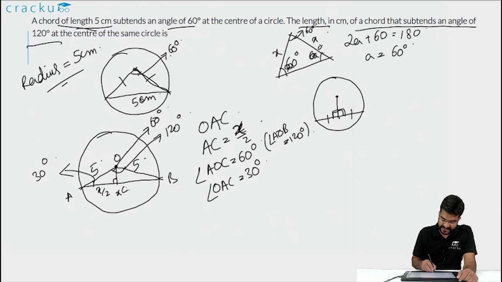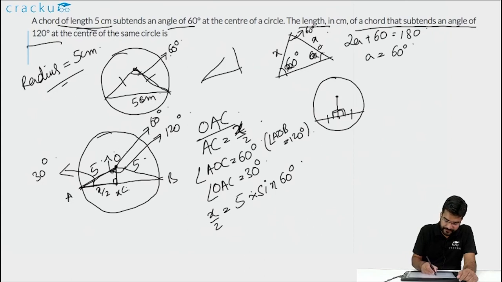For example, in this case, x by 2 is equal to 5, which is the hypotenuse, into sine 60 degrees. So if you are considering this angle, in the triangle OAC, the hypotenuse is 5 centimeters, the length of the base is x by 2, and this is 60 degrees.